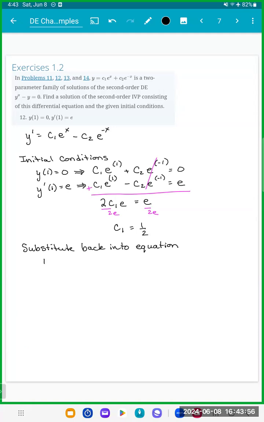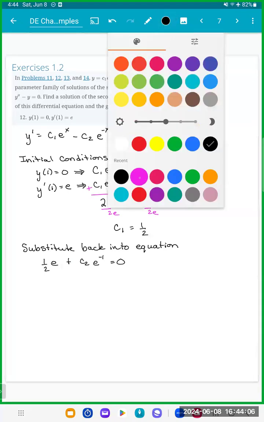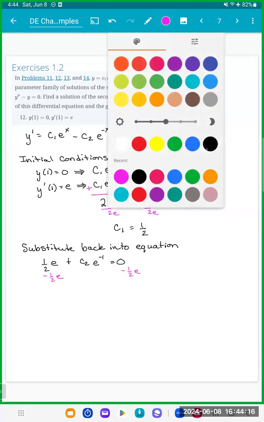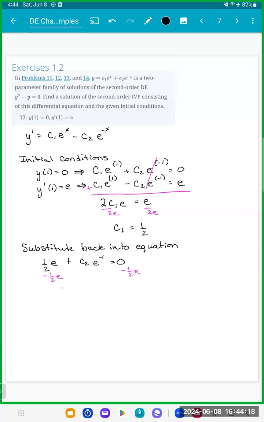So we have 1/2 e plus c2 e to the negative 1 equals 0. We can subtract 1/2 e from both sides. When we subtract 1/2 e from both sides, we are left with c2 e to the negative 1 is equal to negative 1/2 e.